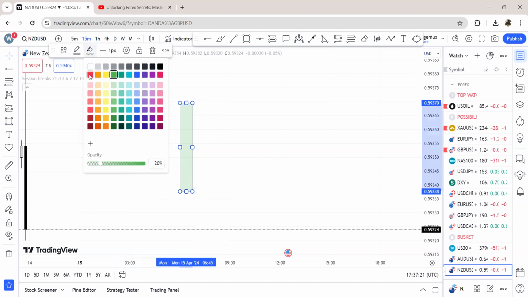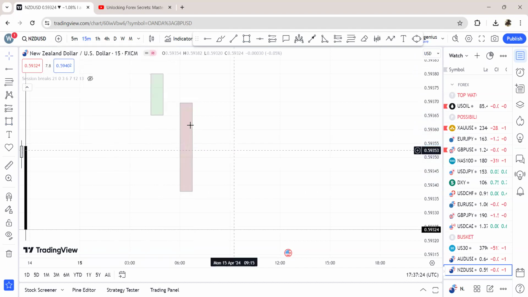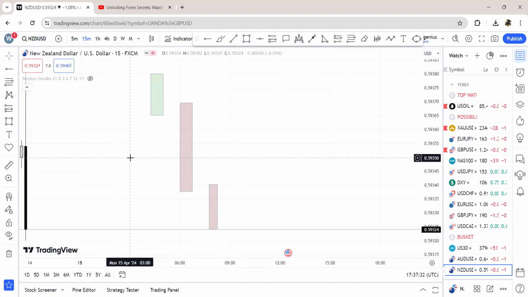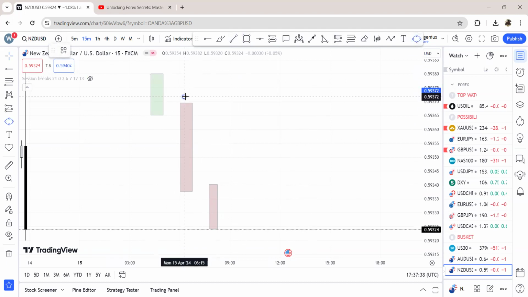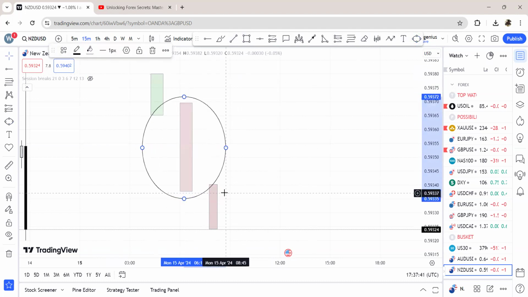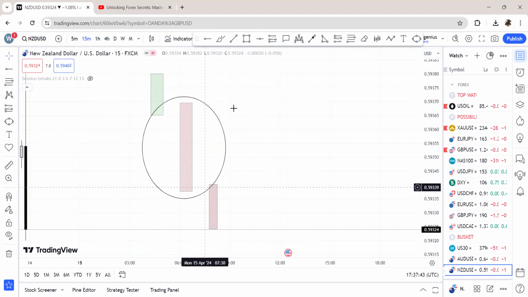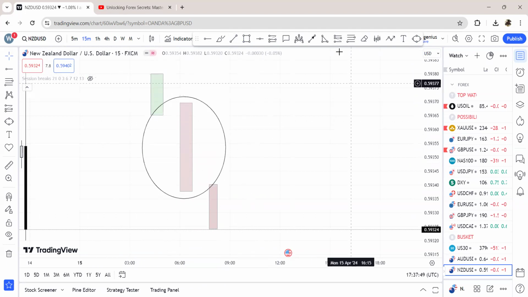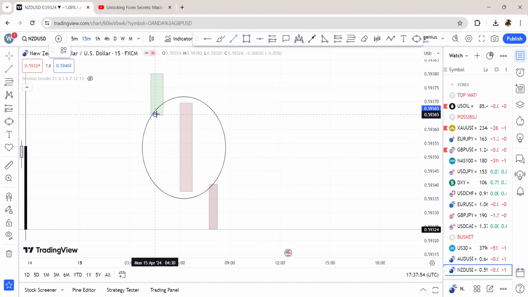Let's imagine this one is a red candle. The next one, another red candle. So now what I was saying is this. In order for this to qualify to form a fair value gap, you need at least three candles. You see, these are 1, 2, 3. Now these three candles, you need to ensure that the wicks, let's assume this one's wick extends maybe up to there. So this has wicks.